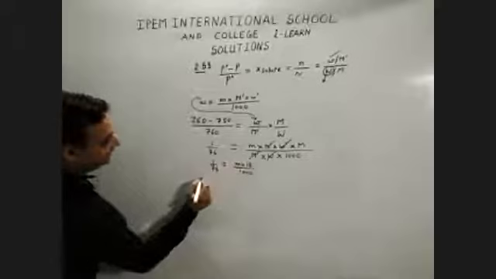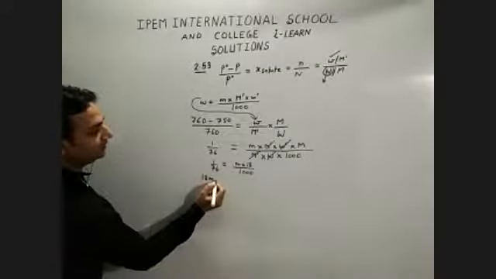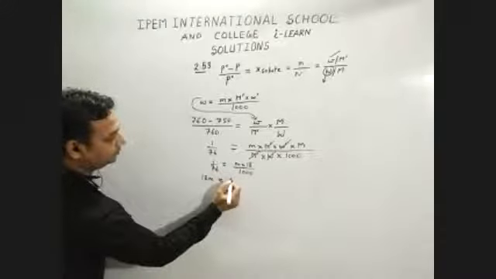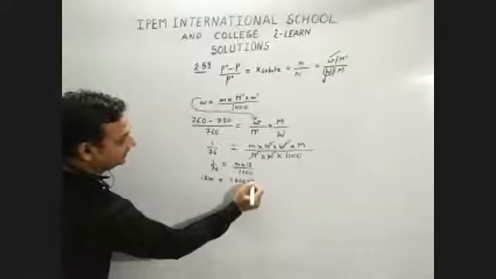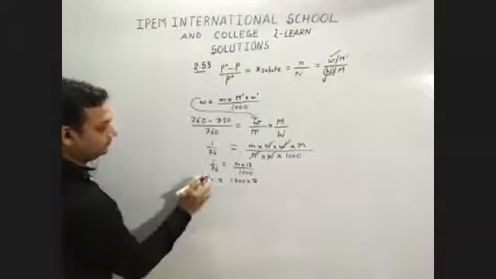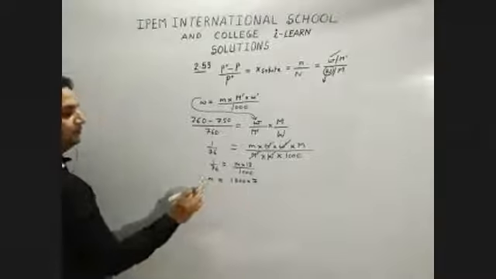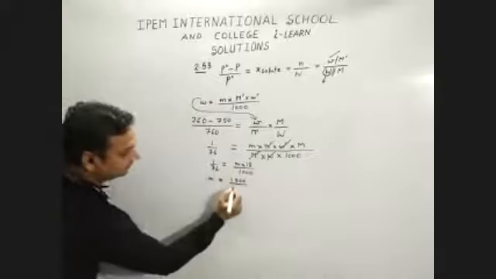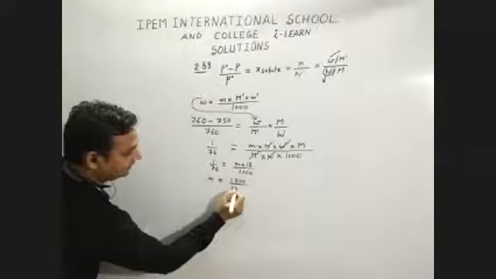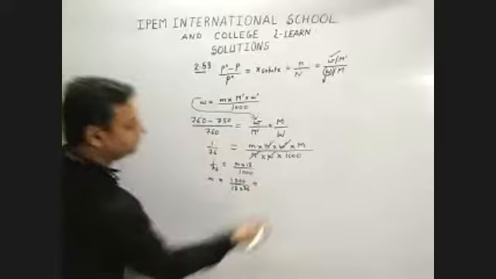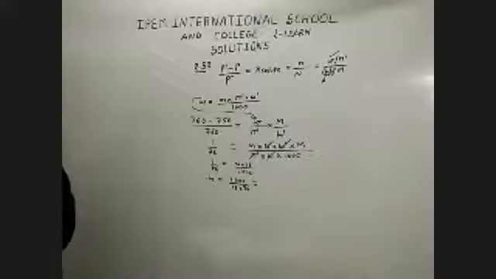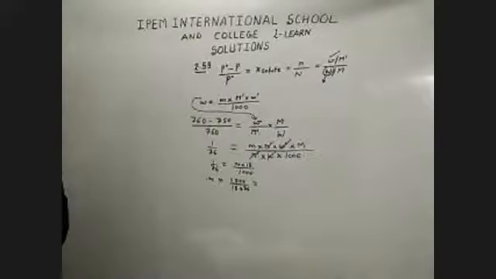So 18M, cross multiplication, is equal to 1000, so M will be equal to 1000 divided by 18 into 76.